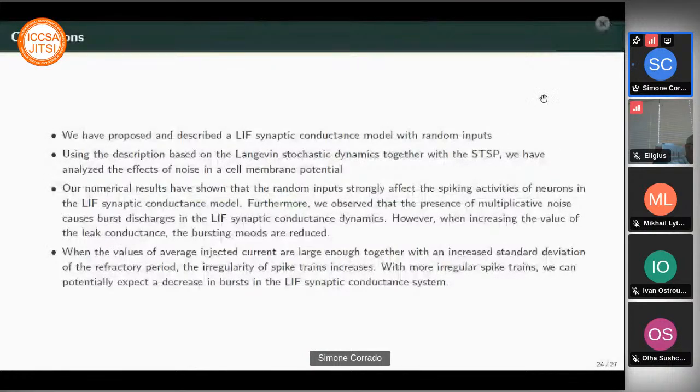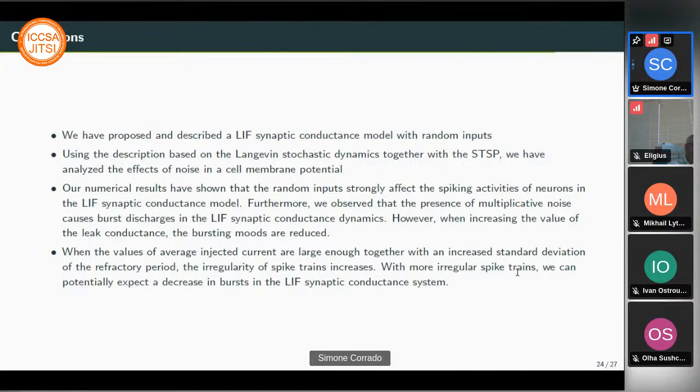So let me give you a few conclusions that I would like to make now. What we propose is an analysis of this leaky integrate and fire synaptic conductance model with different types of noise, additive and multiplicative noise. The second is the most realistic situation, which hadn't been considered before.